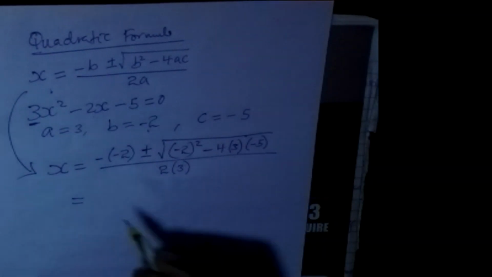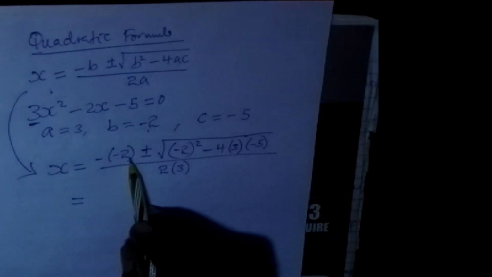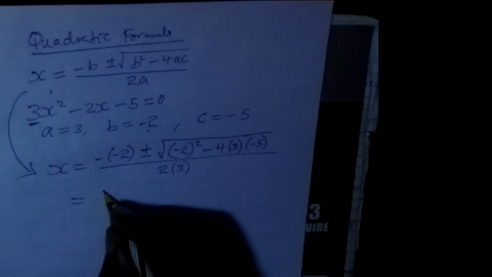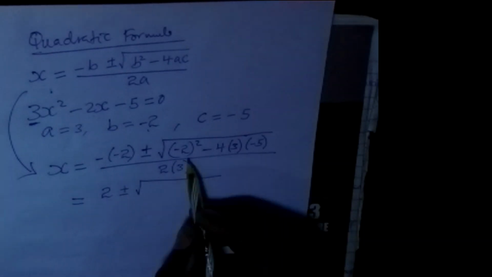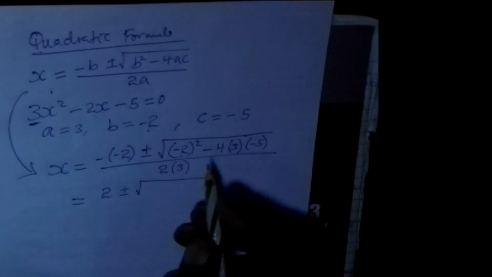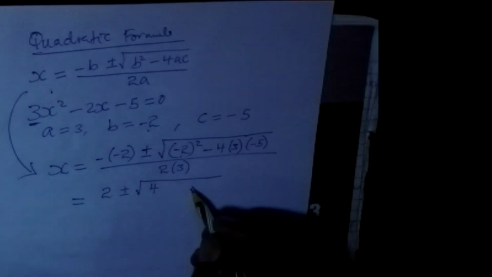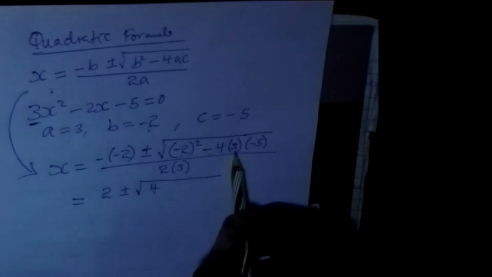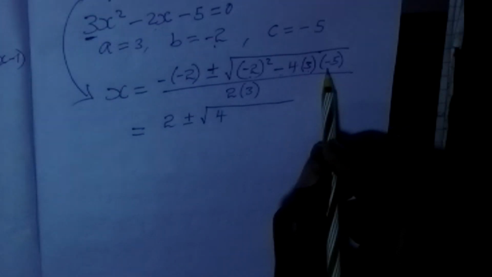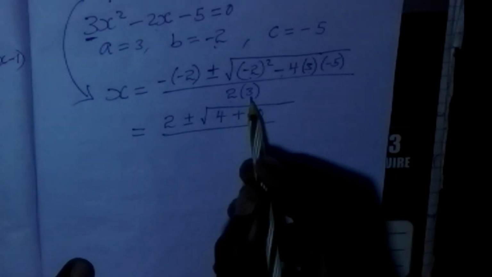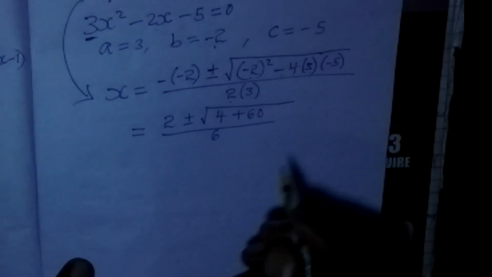This will be equal to minus 2 times minus 2, that is positive 2, then plus or minus square root of minus 2 squared is 4, then minus 4 times 3, that is minus 12, minus 12 times minus 5, that is plus 60, all over 2 times 3, we have 6.